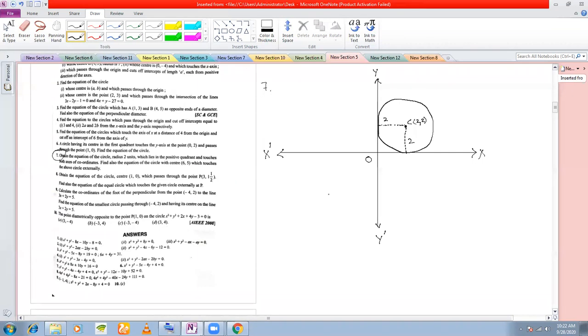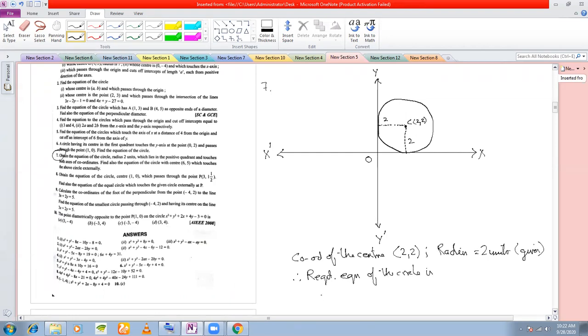Now the question here is, obtain the equation of the circle. So what is the equation of the circle? First of all, the coordinates of the center are (2, 2), and radius is also 2 units, which is given. Therefore, the equation of the circle is (x minus 2) whole square plus (y minus 2) whole square is equal to 2 square.